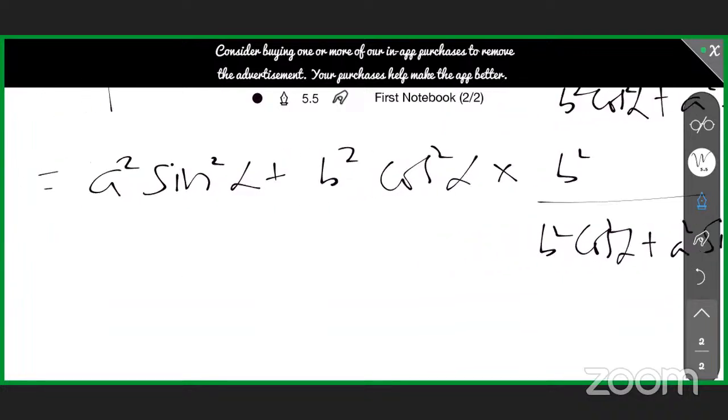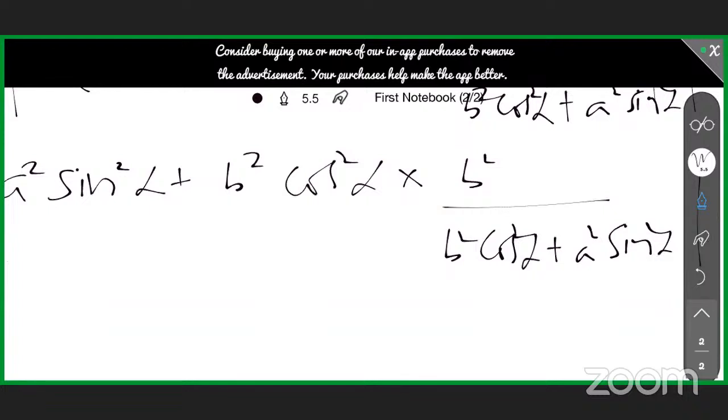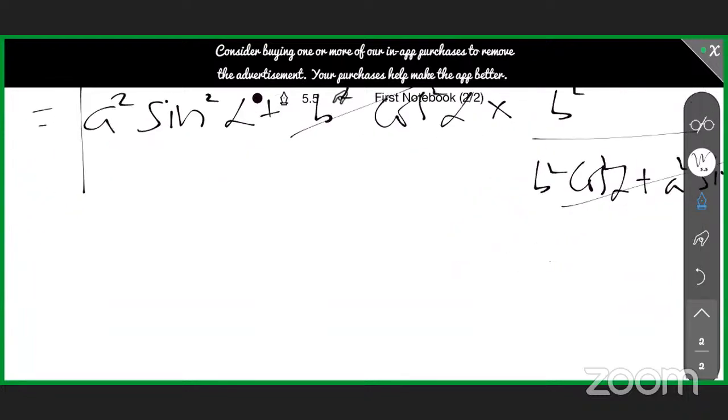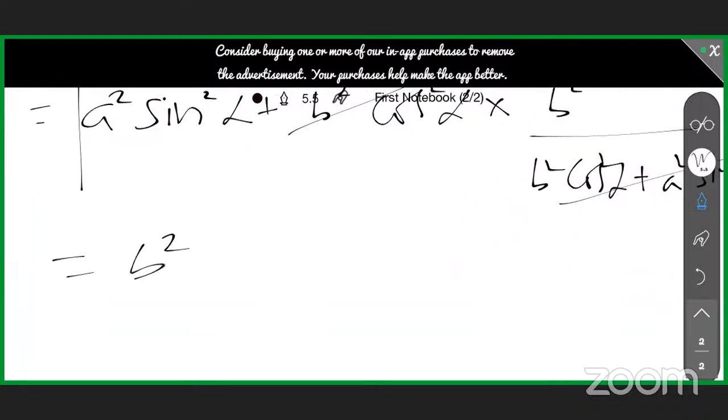Here this one and this one get cancelled. So what is left is mod of b square, that is equal to b square. Since the length of the perpendicular is positive, we should take positive only. Don't take negative. Ashrita, did you understand now?